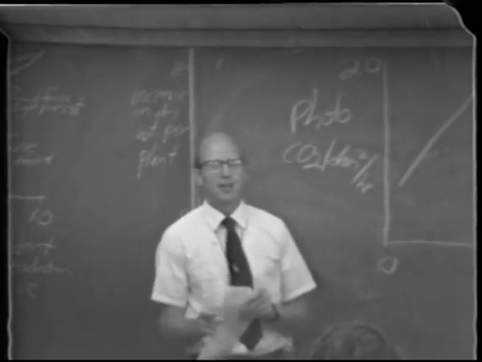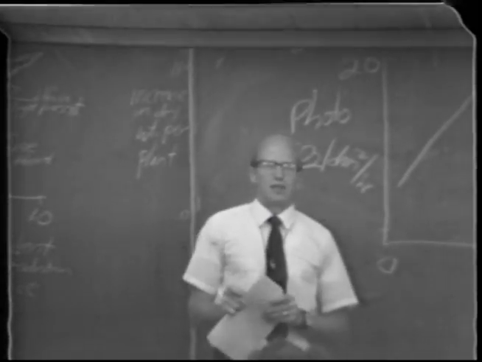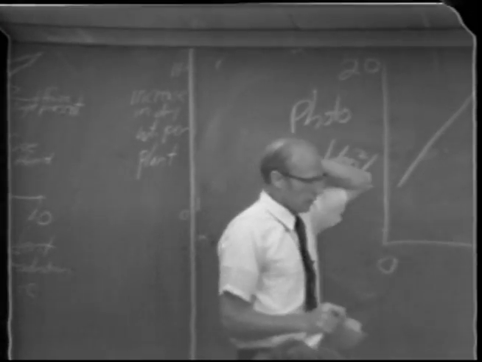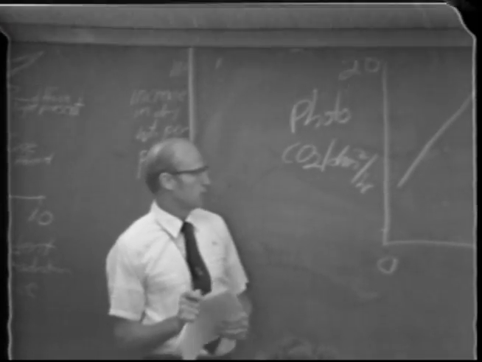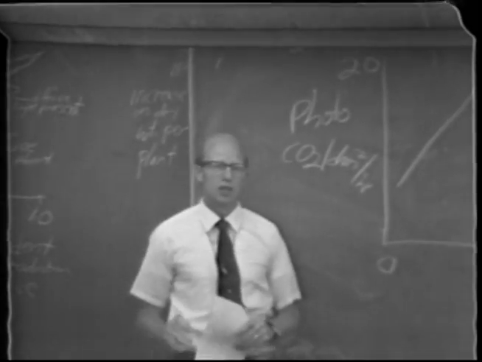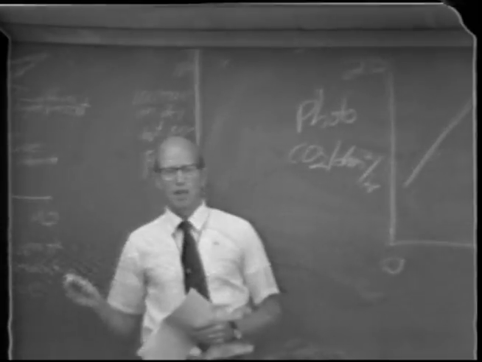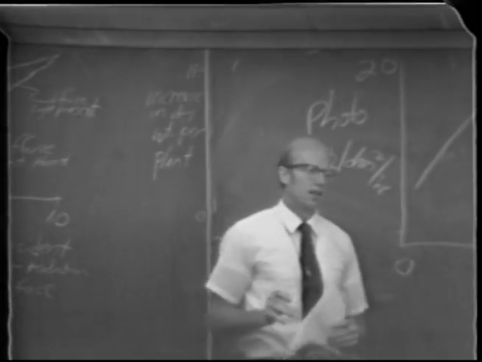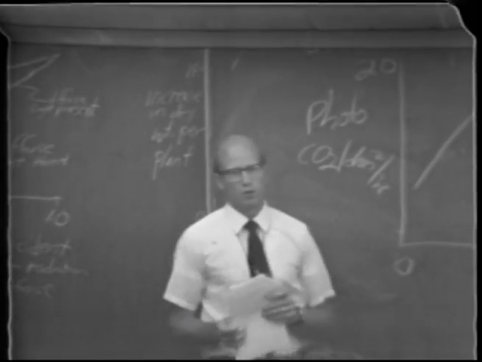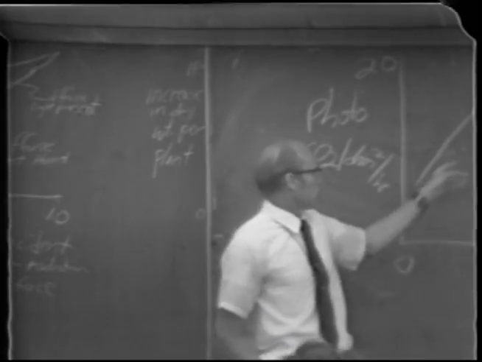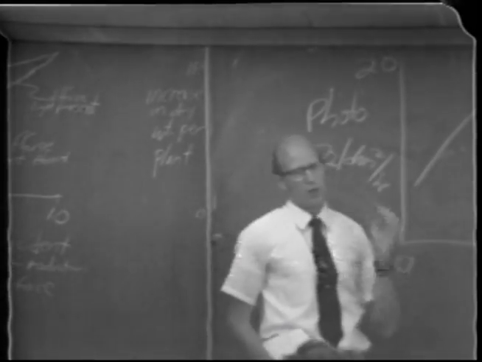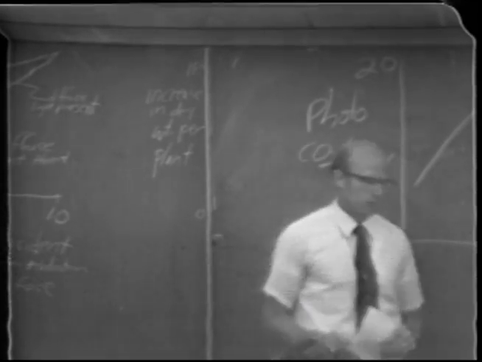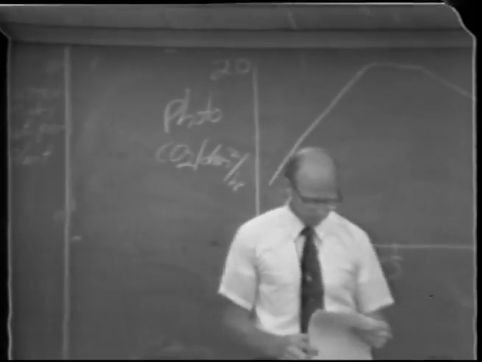Early in the season, the level of CO2 fixed per square decimeter per hour is much higher than later in the season, even though the leaf is at the same age. We don't know the reason why this is so, but I think it may be related to photosynthetic demand. There's a much greater demand for photosynthesis early in the season when these shoots are rapidly growing, and this may have something to do with it.